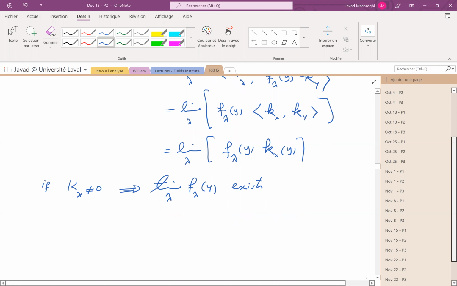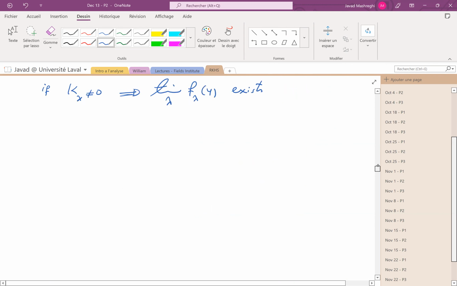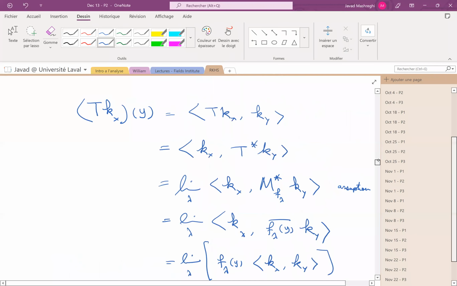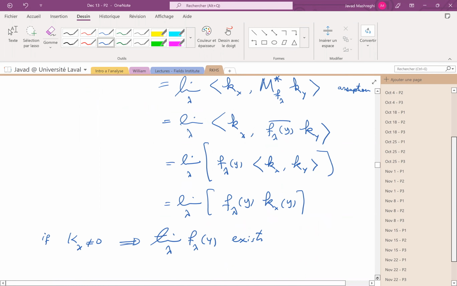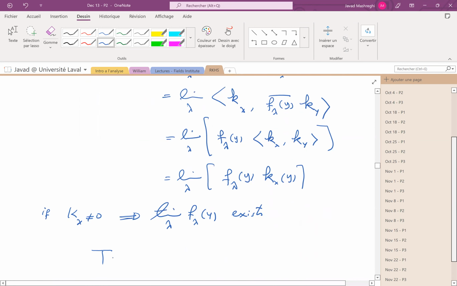And also, compare T kx evaluated at point y, which is equal to f of y, that was the definition, acting on kx at point y.